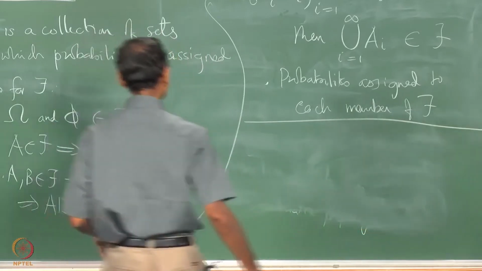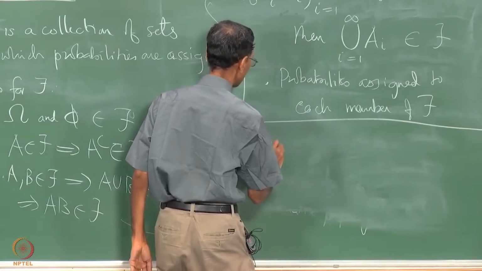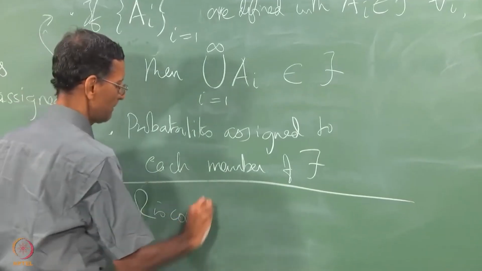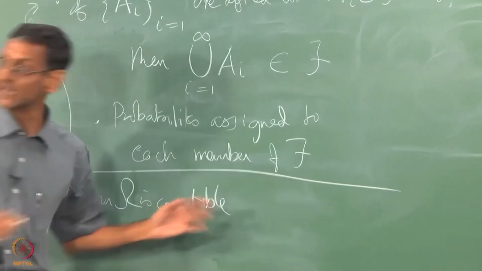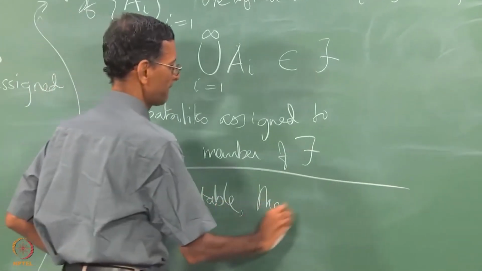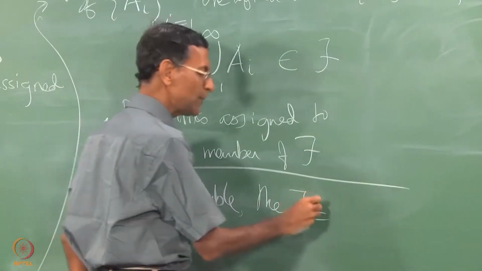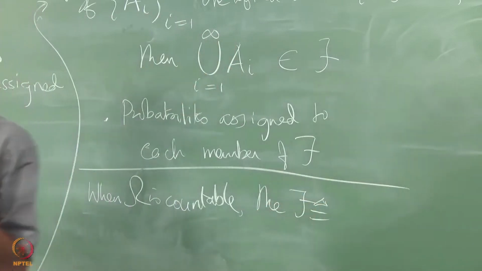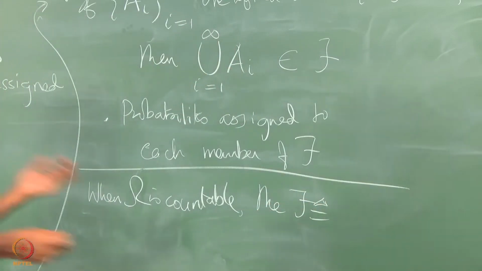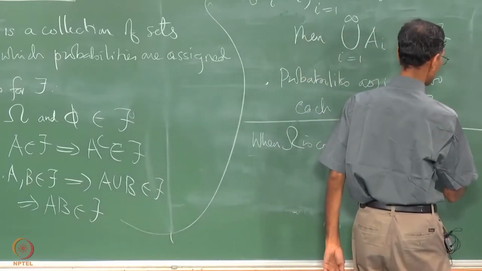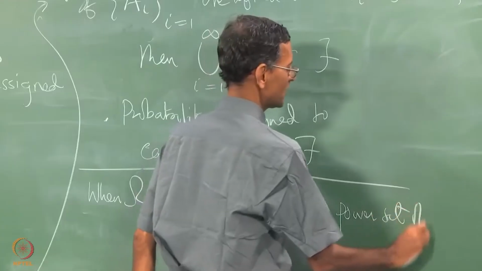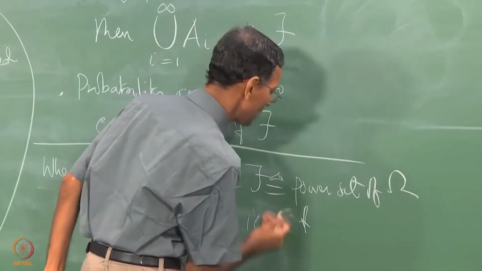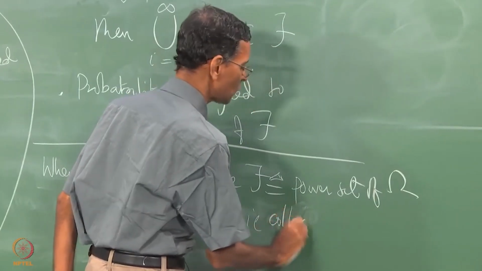So when omega is countable, that is discrete, then F will be, by definition, the power set, i.e. the collection of all subsets.